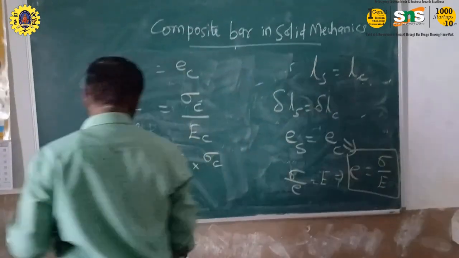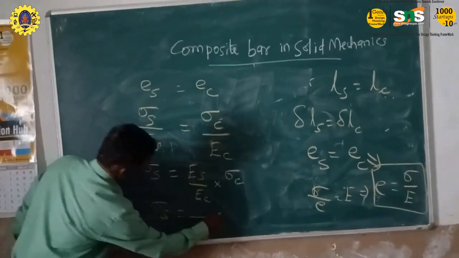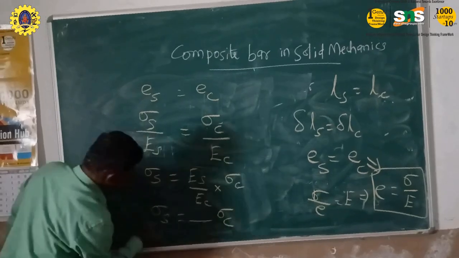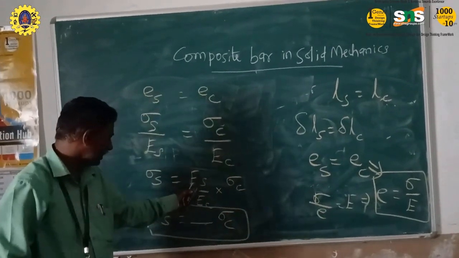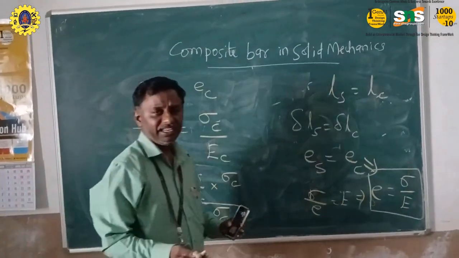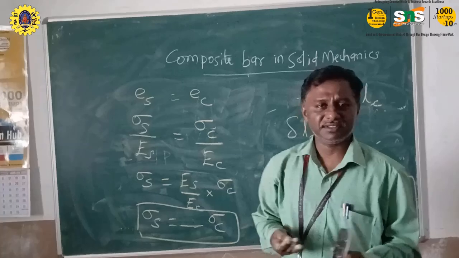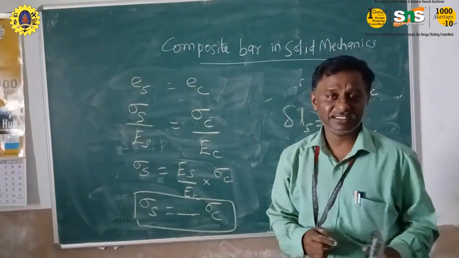So I will get one value, the Young's modulus ratio, multiplied into sigma C. If it is 200 converted, then it will be 2. That means sigma S, the stress in the steel, is equal to 2 times the stress in the copper. Like that I can get a relation.